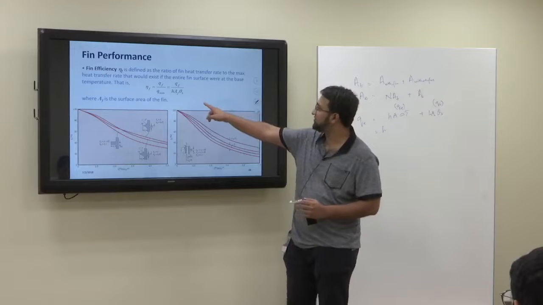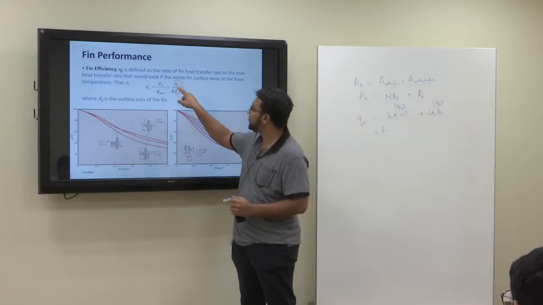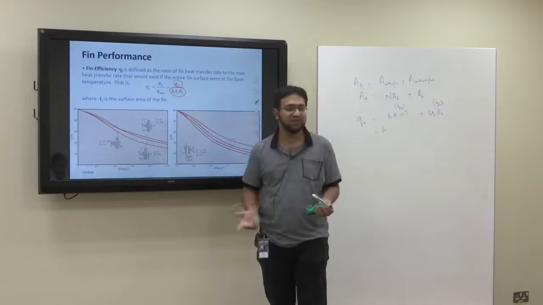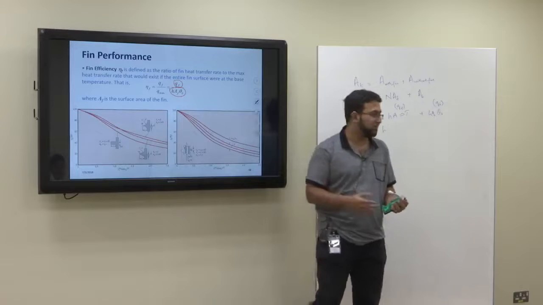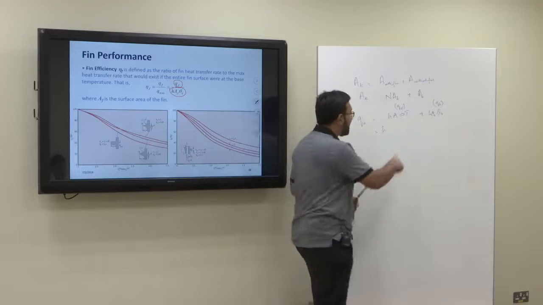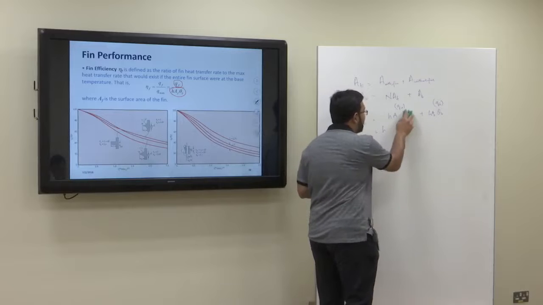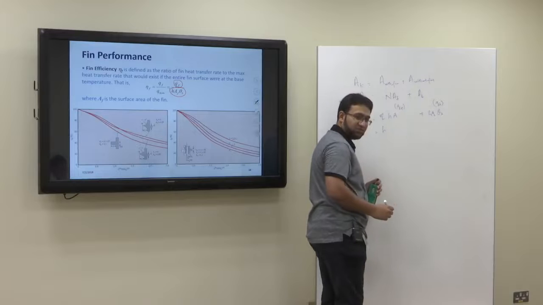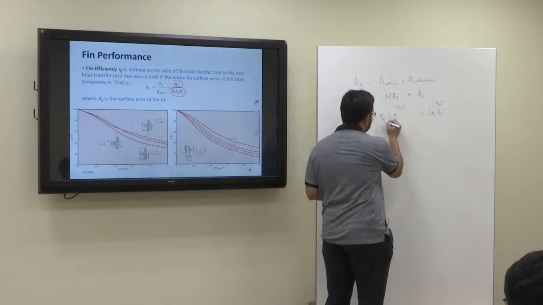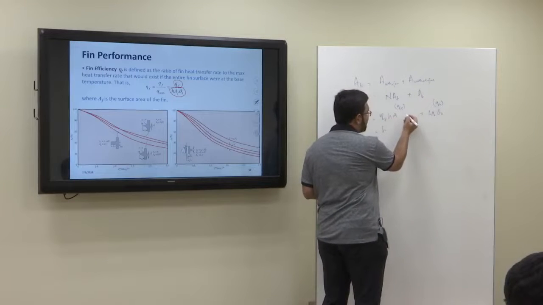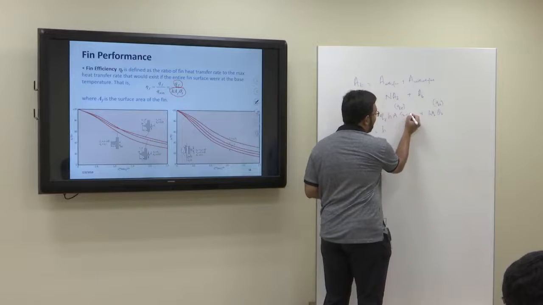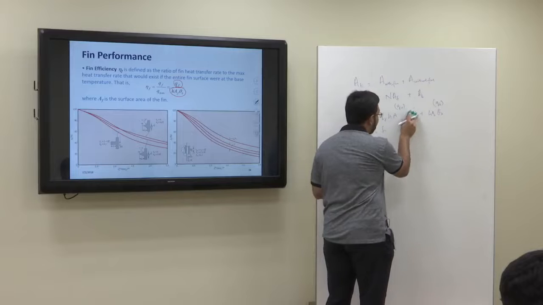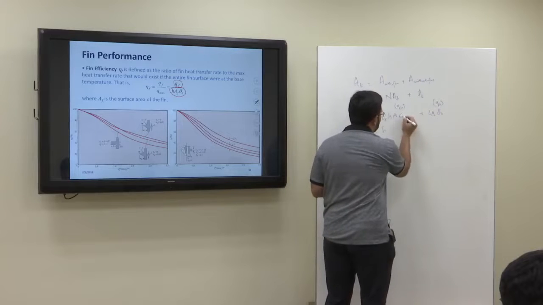So we said this, efficiency of fin is Q of fin over Q max, assuming that the fin is at base temperature, okay? So if this is the case, then our delta T here, we can put as Tb minus T infinity, or I can write here theta B, okay?